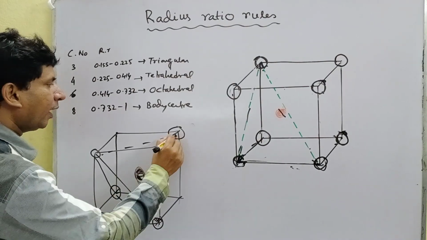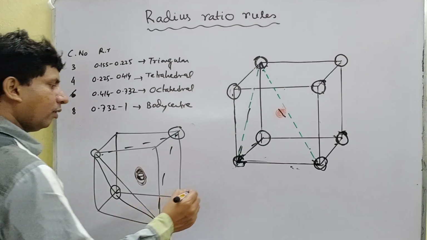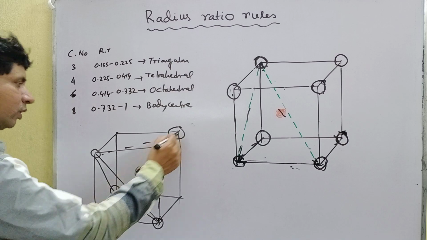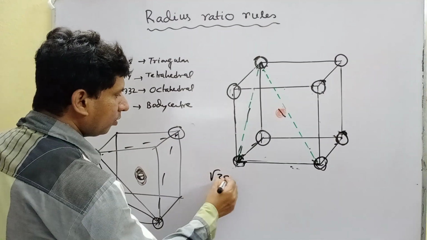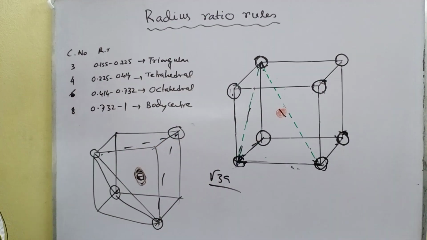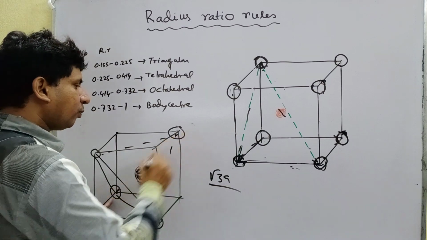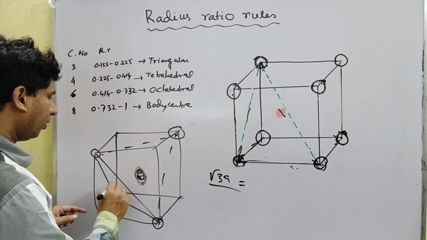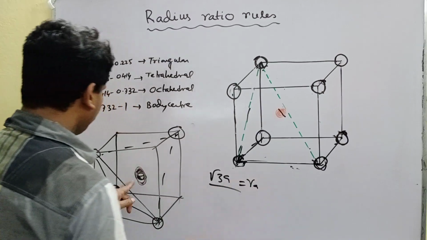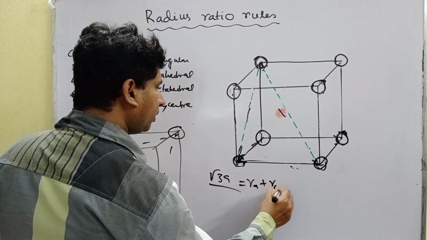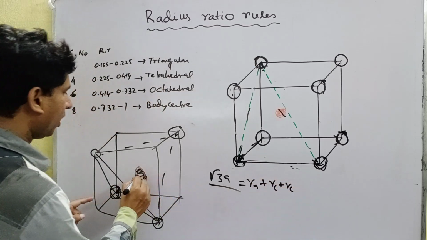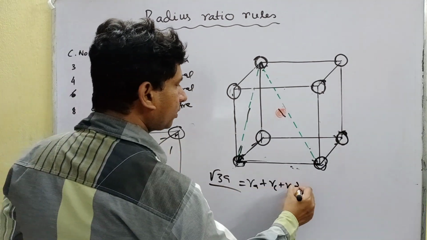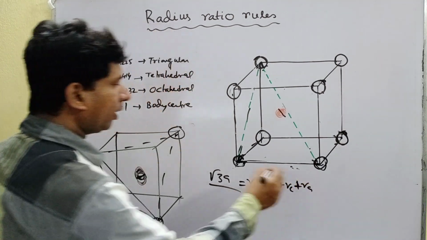Then from here to here it is √3a, the body diagonal. The value of this body diagonal will be RA, if it is anion, plus RC plus RC, that is 2RC, then plus RA. So the body diagonal will be this.